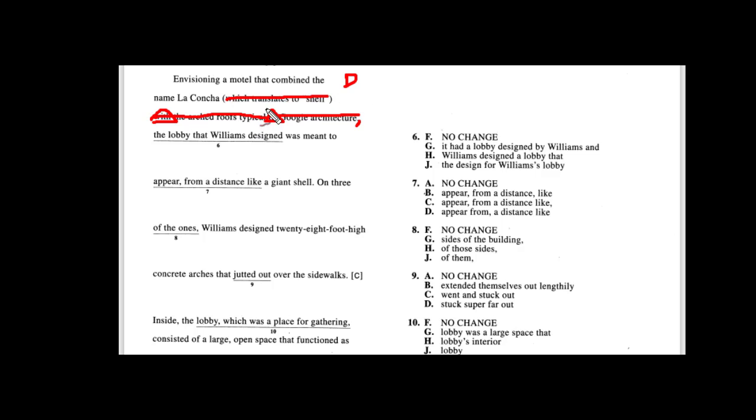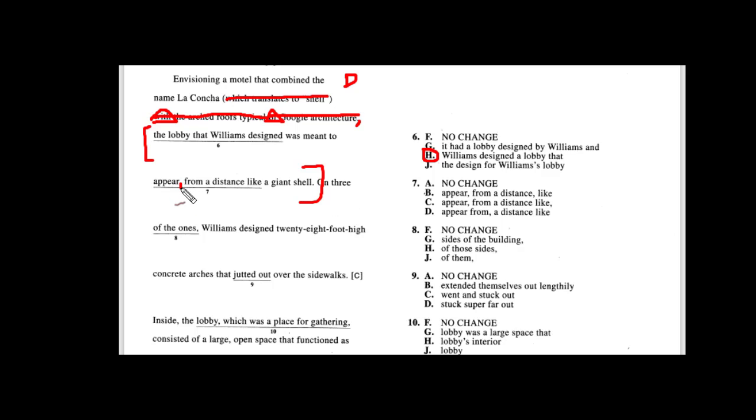Now, see, we pruned all that out. Now, we know that this is a dependent clause, so that means from here all the way down to the end of the sentence, we have to have a what? Dependent clause? Nope, an independent, all right? Remember, answer choice H starts with William. That's what we chose for 6. So William designed a lobby that was meant to appear, okay, all the way to the end of the thing.